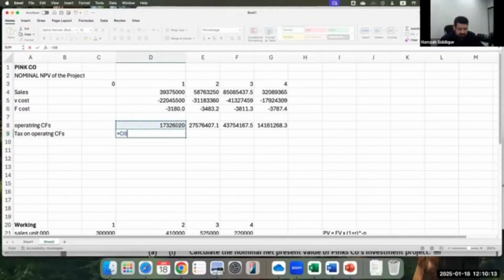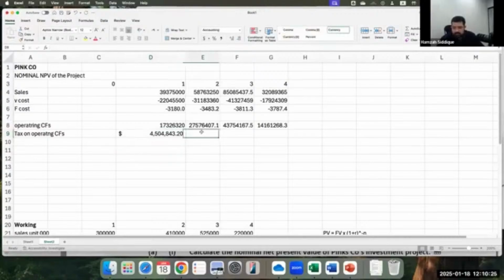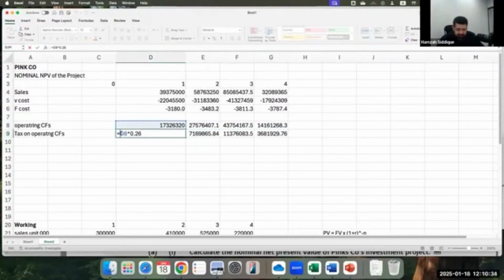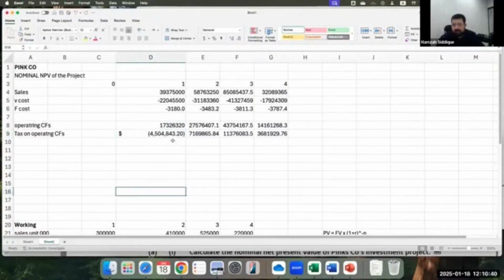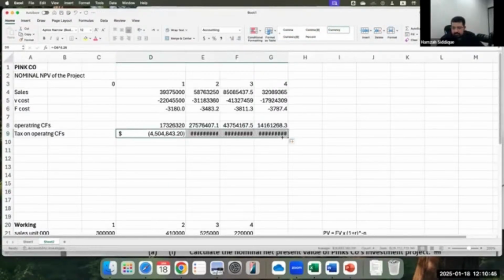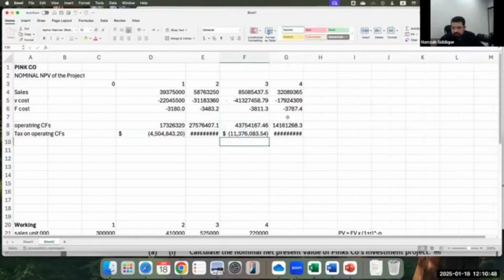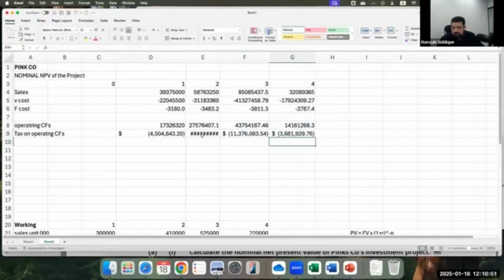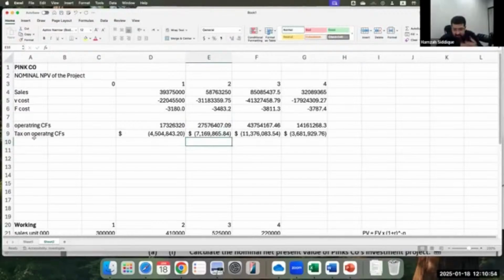Equal to this into 0.26. Yes, so equal to this into 0.26. And all are negative figures. Tax has to be paid.